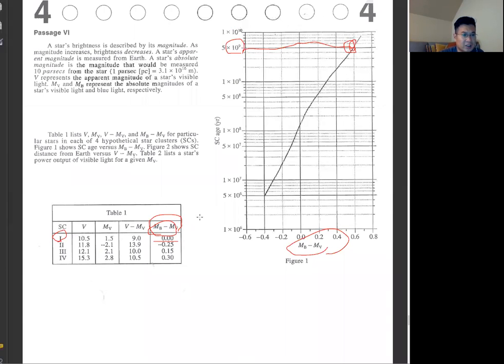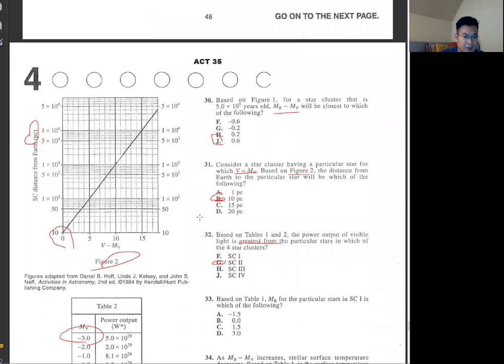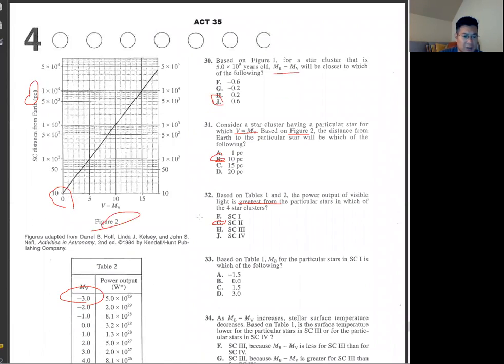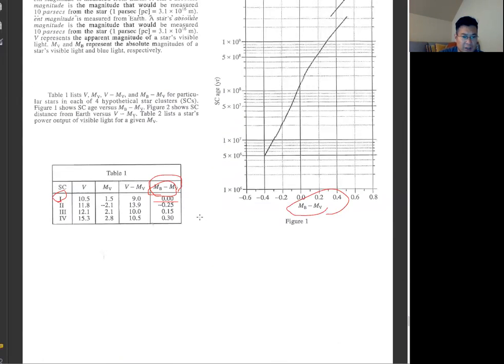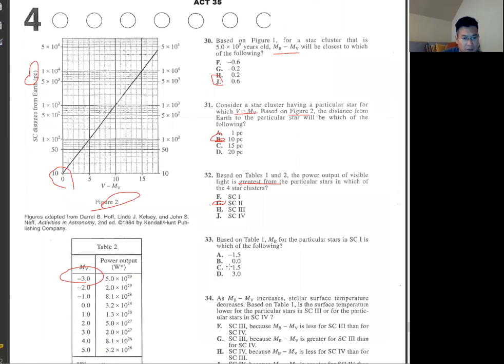Now we have to understand something that we can relate to MB at SC1, then you can find the value, because that's what we can compare it to. So where can you find cluster 1? If you see MB is this one here, 1.5, right? So MB has to be 1.5 as well. So that's why it's C.